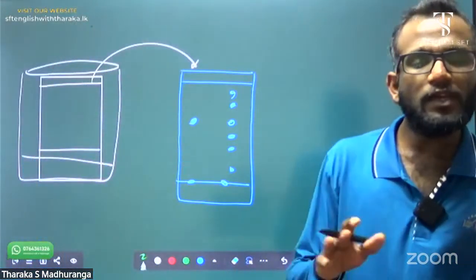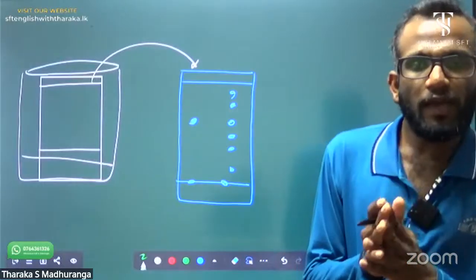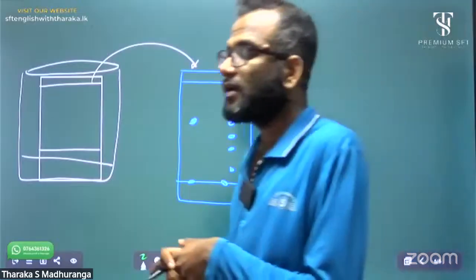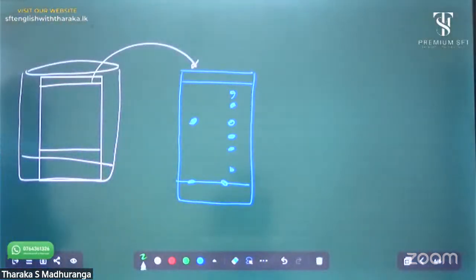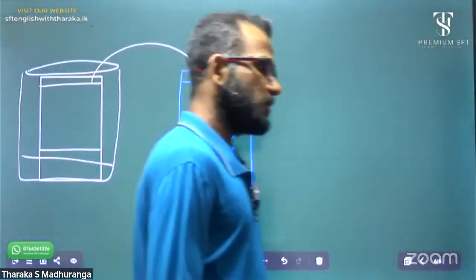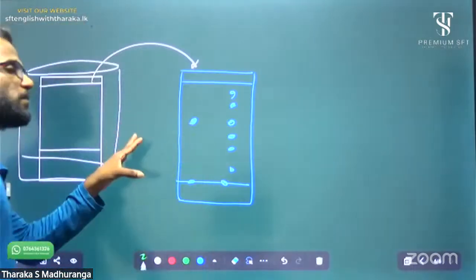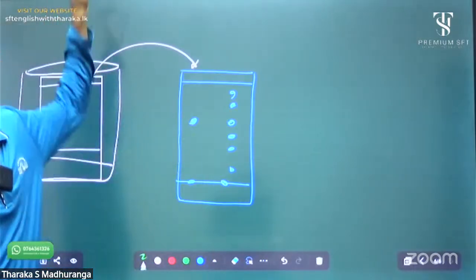Then we can calculate the Rf value and identify the compound. Rf value means compound travel distance divided by solvent travel distance. Any doubt? This is the TLC method, the most popular chromatography technique.